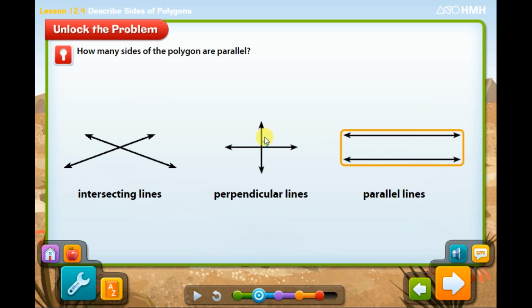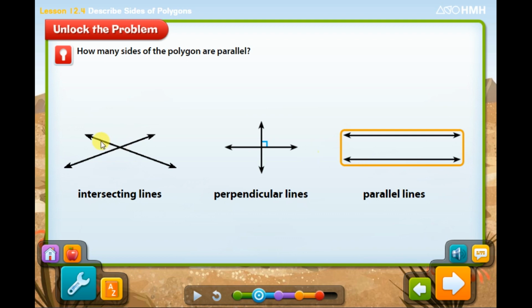Perpendicular lines, when they meet, form the shape of a square, or the angle of a square, between these lines. So it is standing upright. Parallel lines are the lines that walk side by side and never meet.